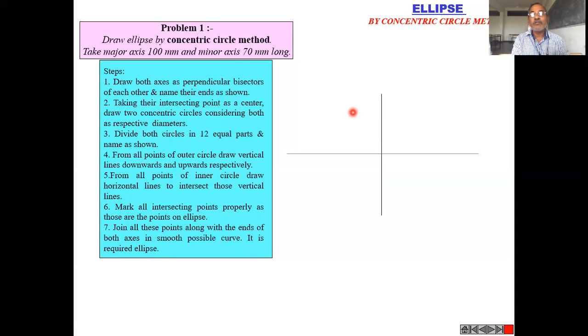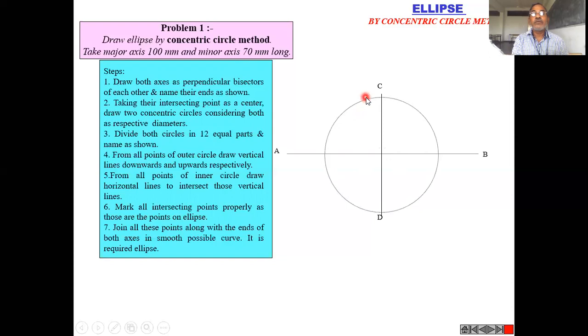So from the midpoint on either side, you go for 35 mm to terminate that minor axis, right? The names are AB and CD. AB is the major axis and CD is the minor axis.